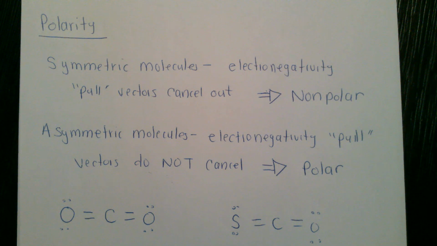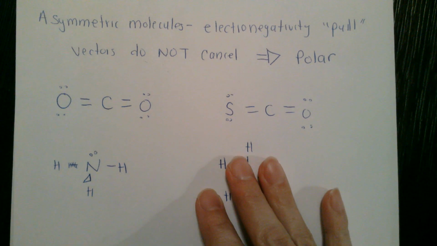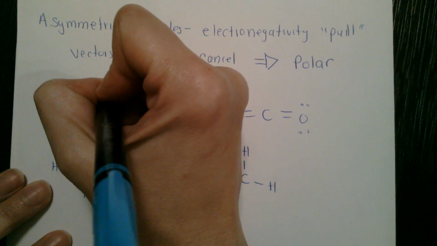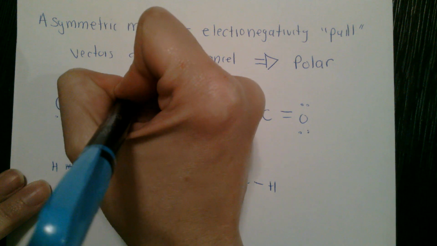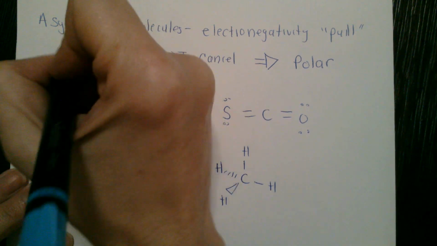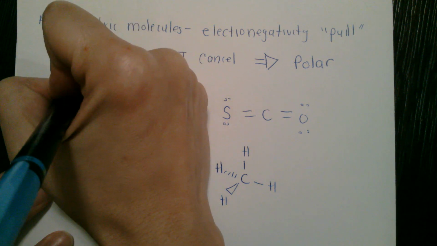All right, so we have our first one, CO2. If you look at a periodic table, oxygen in that upper right-hand corner is much more electronegative. So oxygen is going to have a strong pull of electrons from that carbon. Same way over here.